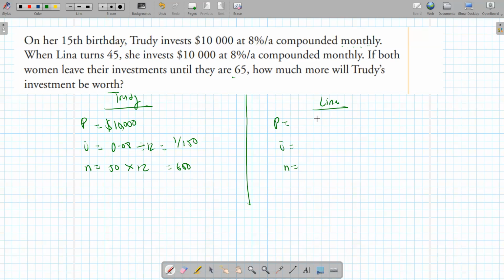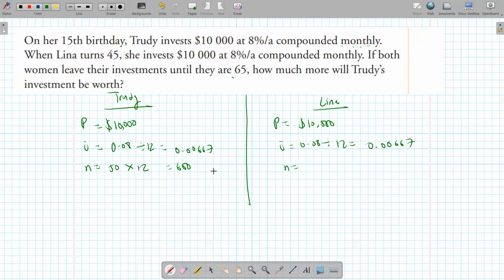For Lena, what's her P? 10,000, same thing. Her I is also 8% and it's compounded monthly, so it's the same: 0.08 divided by 12, which is 1 divided by 150, or 0.0066 and it keeps going. I'm just going to round it up.